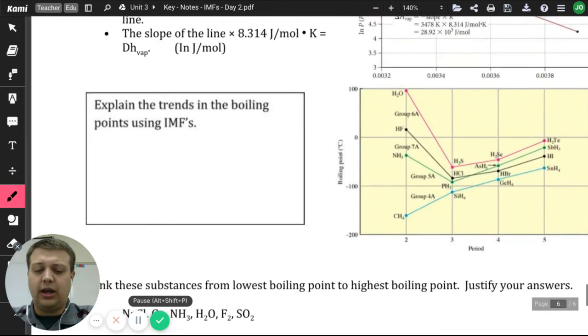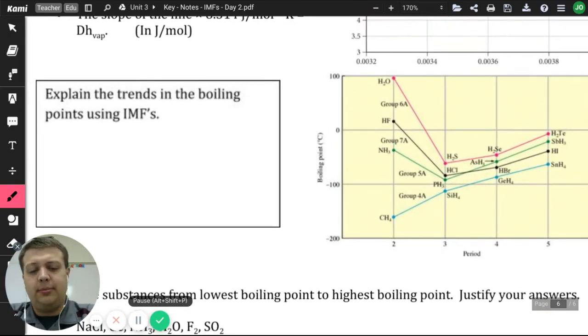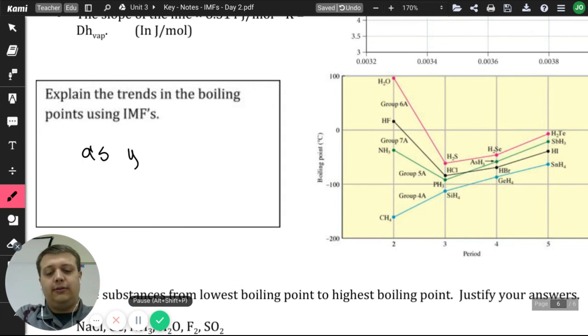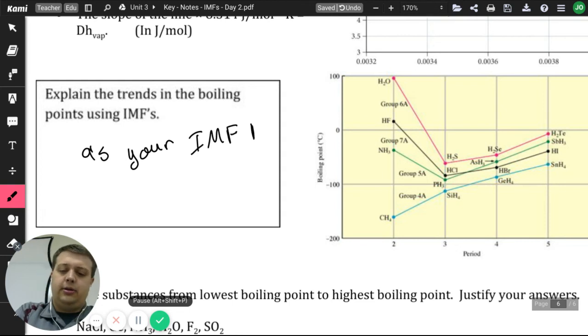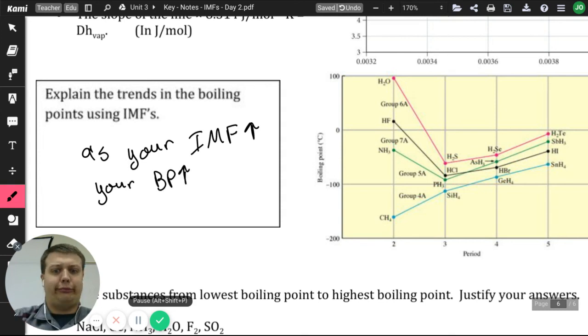So let's take a look at the trends with boiling points using your IMFs. Based off of what you know about IMFs, what trends would you see with your boiling points? Essentially, as your IMF increases, your boiling point will also increase, okay?